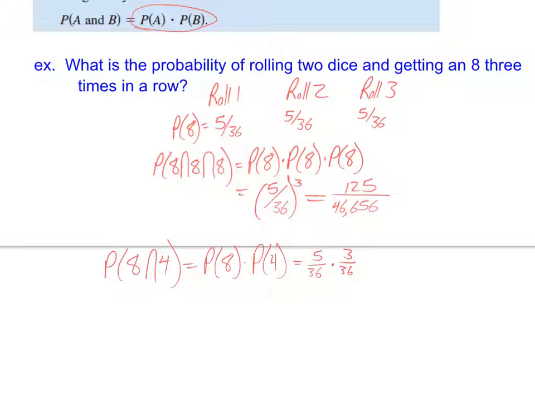Which is helpful if we reduce, so we could reduce that to 1/12, and we have 5 out of 432. That's a 5 out of 432 chance of rolling an 8 and a 4 in 2 rolls. Don't gamble, people.